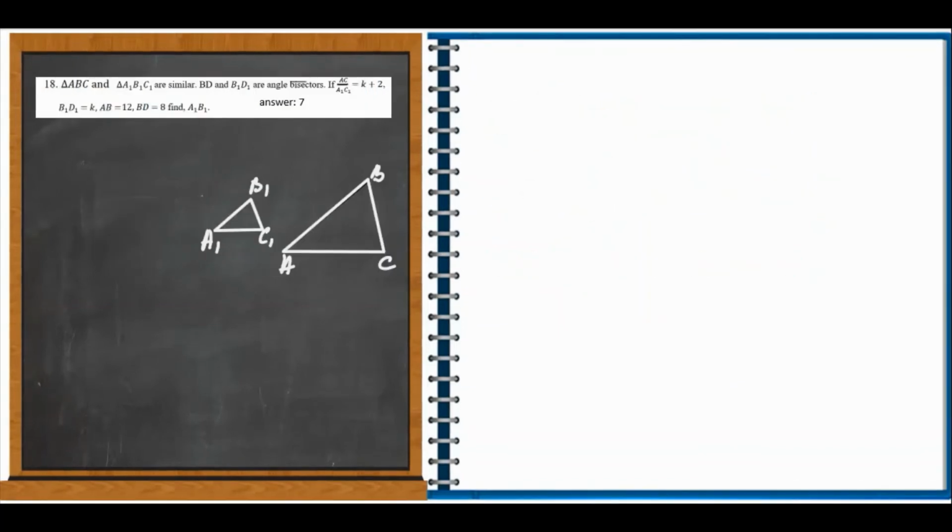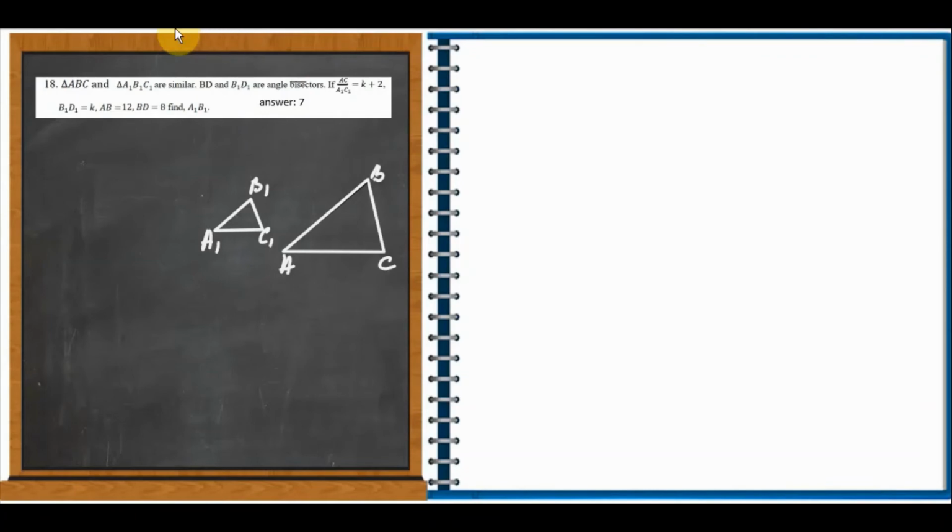Number 18. In number 18, we are given triangles ABC and A1, B1, C1, which are similar. BD and B1, D1 are angle bisectors. And we also have the ratio of AC to A1, C1 and B1, D1 and all this stuff. First of all, we need to understand what an angle bisector is.